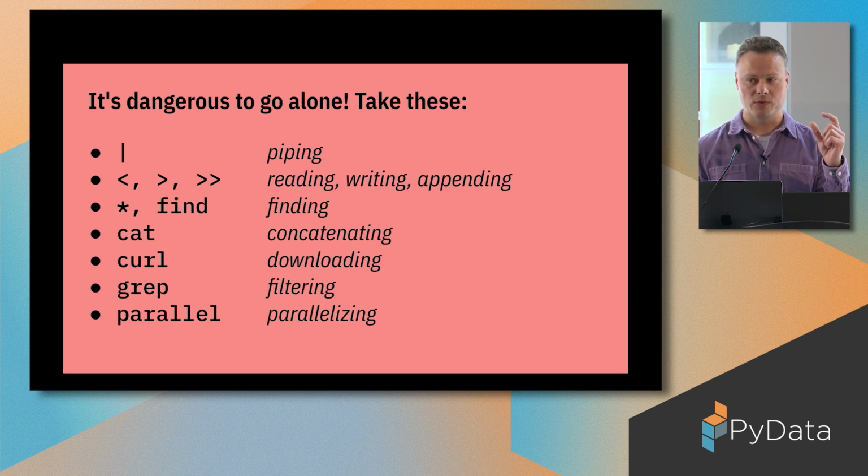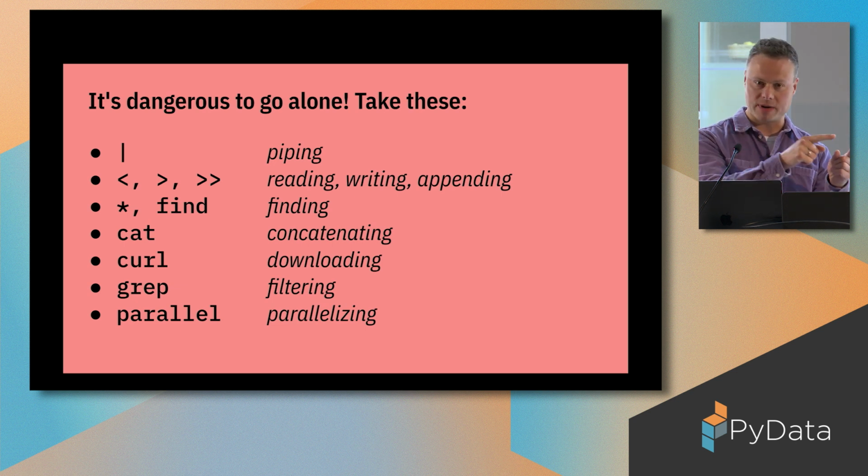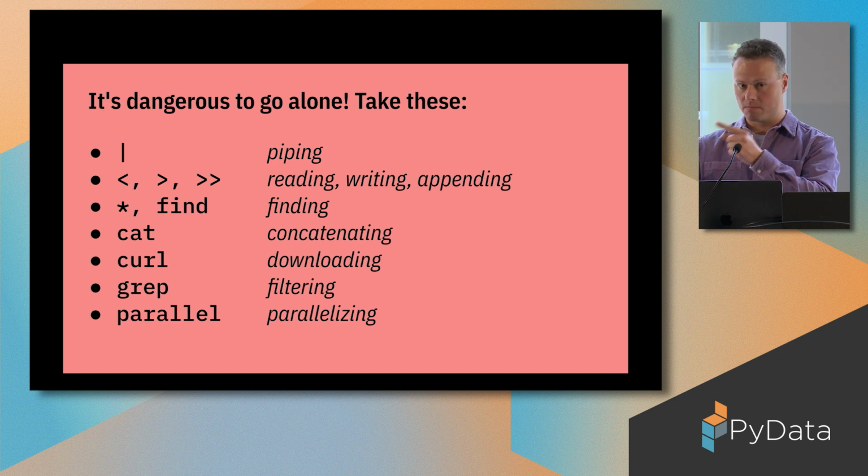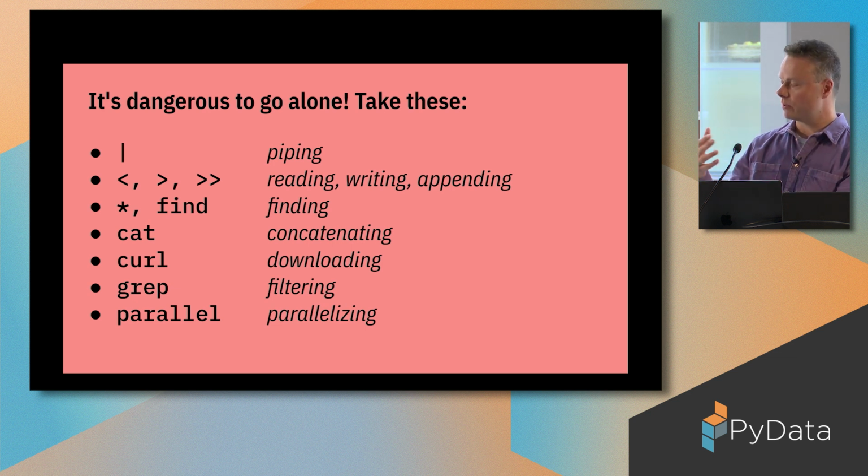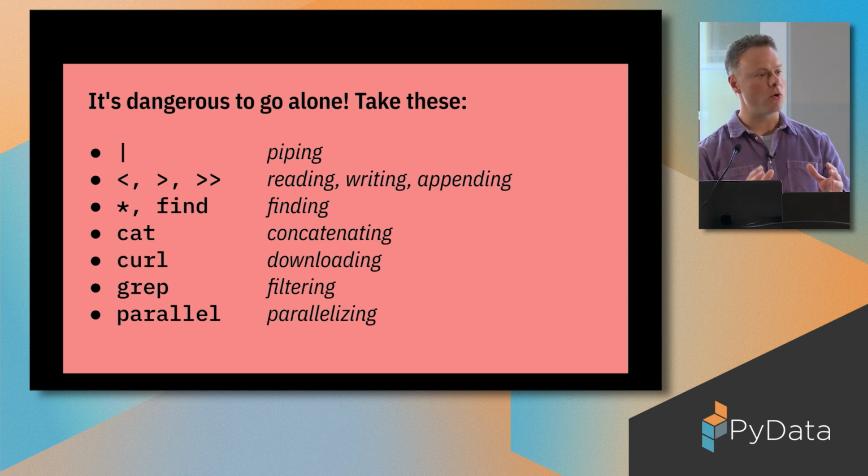If your command line tool downloads something in order to process it, you may want to consider, how about I just rip that out of my tool and let curl do the work so that it can pipe its output as my input. That requires a little bit of a different way of thinking. So in other words, stay in your lane. Try to focus on what your tool needs to do well.